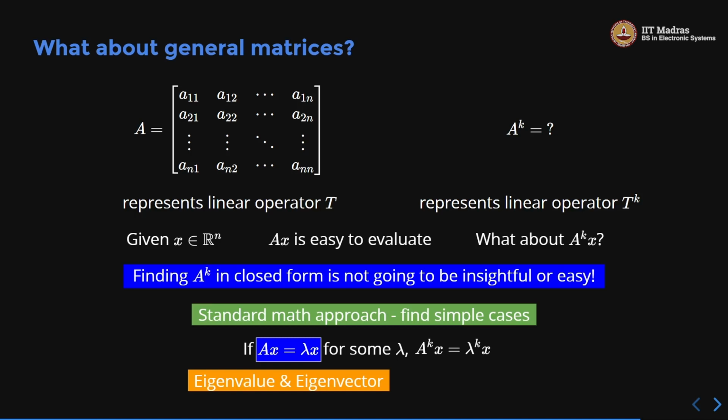If you find vectors that are invariant under A, they're going to be the same under A power k also, and that makes the matrix power easy to evaluate. Once you understand eigenvalues and eigenvectors, all these curious cases we saw so far, why these powers behave in this fashion, you can explain through eigenvalues and eigenvectors. When you study them, we'll come back and look at these examples and see the eigenvalue, eigenvector explanation for why they behave this way.